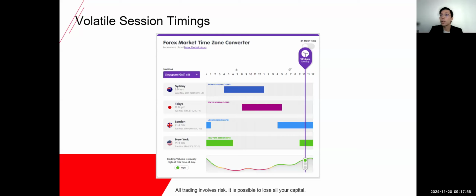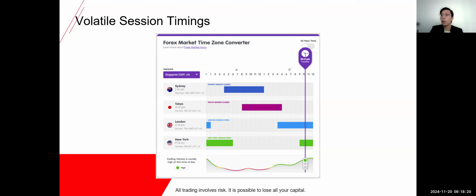Let me just type it out again. Daily tips session timings. And then ORB, opening range breakout.